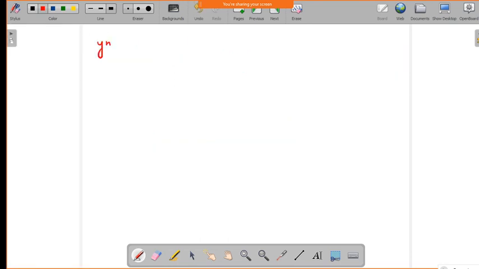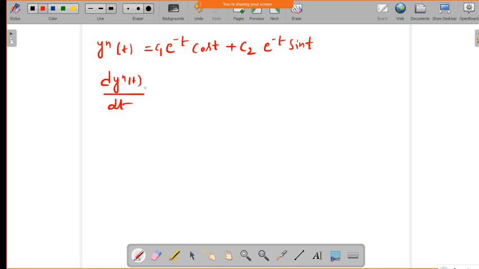So differentiate it. What is your y n of t, which is equal to e power minus t, c1 into cos omega t. So omega is 1 now, so you can write cos t, plus c2 into e power minus t sin t. Okay, so differentiate this one. So dyn of t divided by dt at t equal to 0, which is nothing but 0, which we have taken.